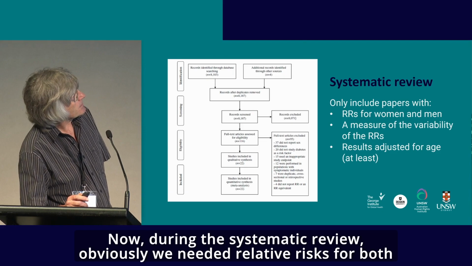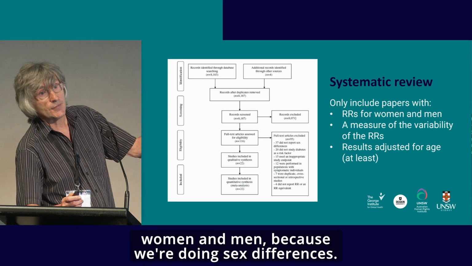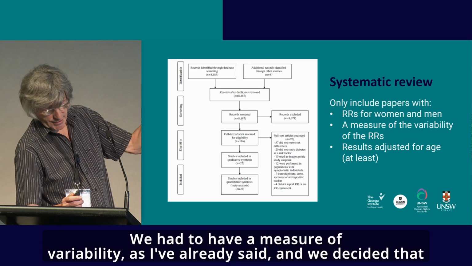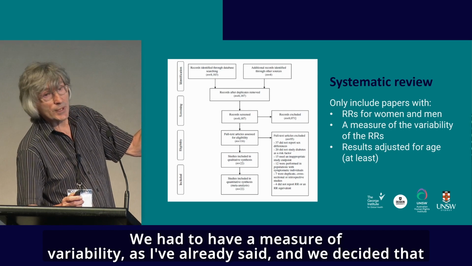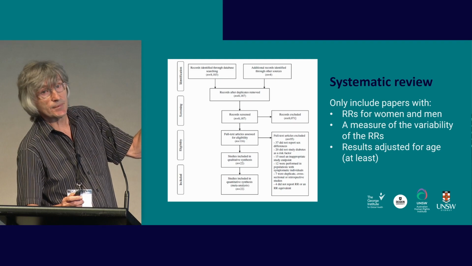Now, doing the systematic review, obviously we needed relative risks for both women and men, because we're doing sex differences. We had to have a measure of variability, as I've already said, and we decided that we were going to have a rule that we had to have adjustment for age.